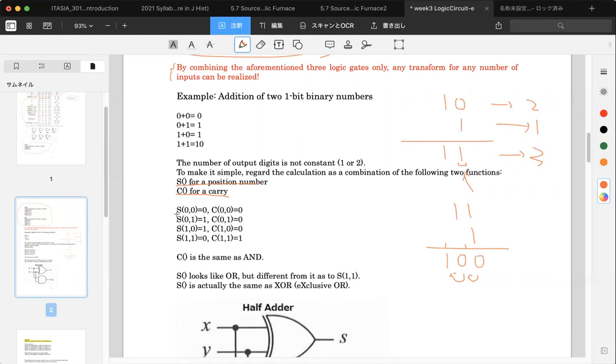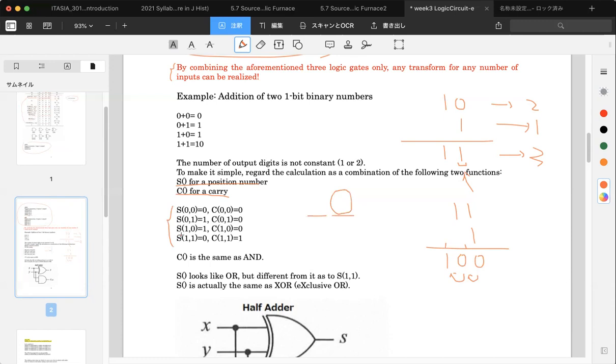And here is quite obvious because we can just see the example here. So this S00 equals 0. It means that when adding 0 and 0, obviously we get a 0 for the position number. If it's 0 1, we get a position number 1 because it's 0 plus 1, right?